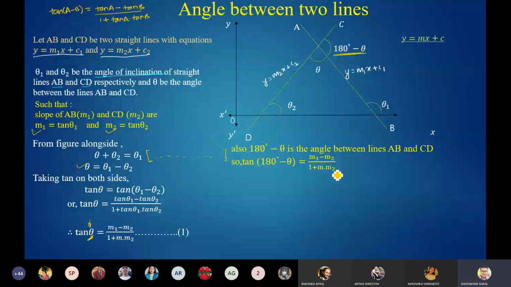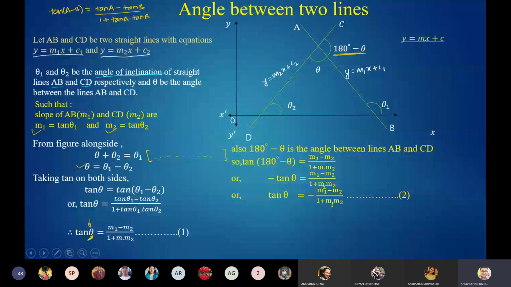So minus tan theta equals m1 minus m2 by 1 plus m1 times m2. I'm sorry, it is not written here as m1. Let's make it m1. And tan theta equals minus m1 minus m2 by 1 plus m1 into m2.